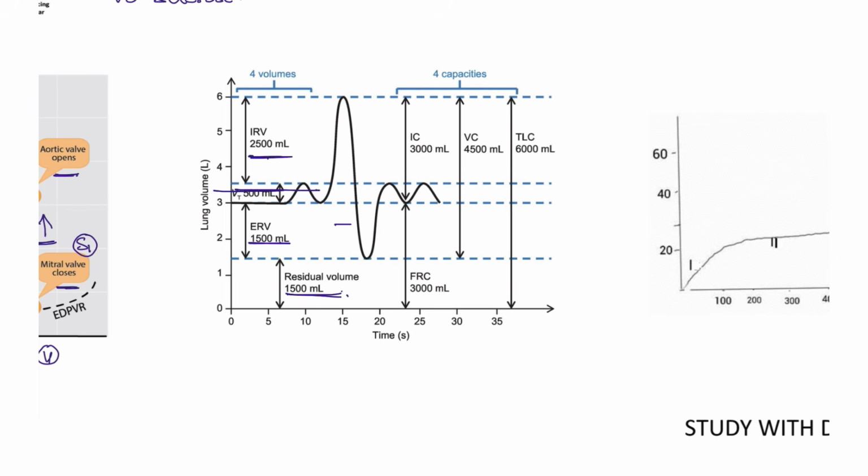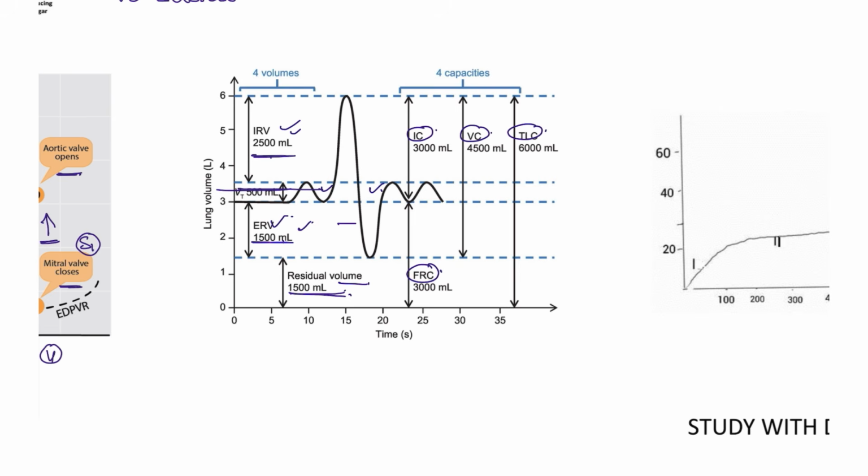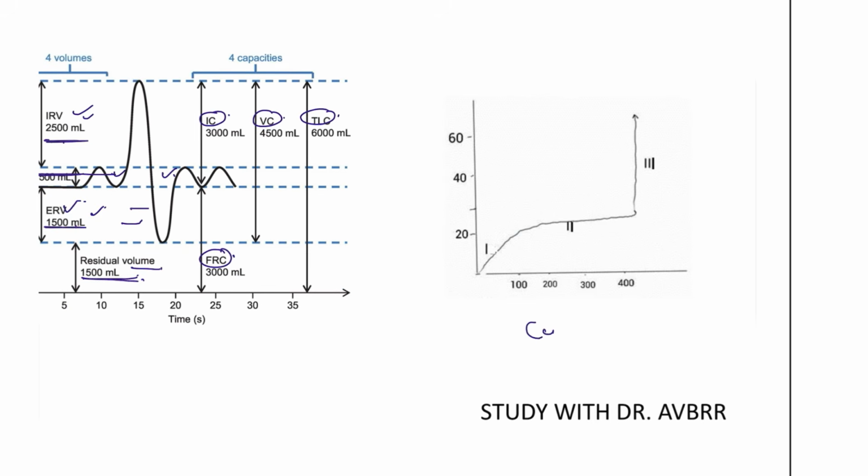Inspiratory reserve volume, extra efforts of the inspiration. And inspiratory capacity, which will include the IRV and tidal volume. Vital capacity, which will include the IRV, tidal volume, and the ERV. Okay, total lung capacity, which will involve everything, and the FRC, functional residual capacity, which involves the residual volume and ERV.